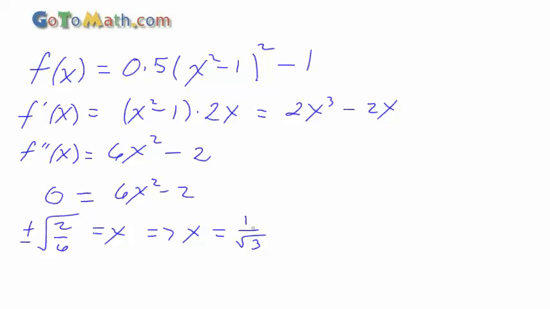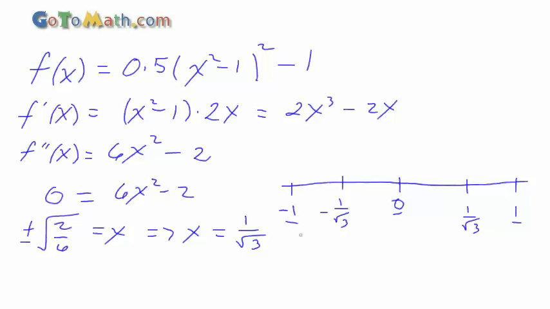Now we're testing for concavity. So we're going to draw a number line, and put negative 1 over the square root of 3 here, and then 1 over the square root of 3 here. We can definitely use 0 as a test point, and we can use 1 as a test point, and then negative 1 as another test point.